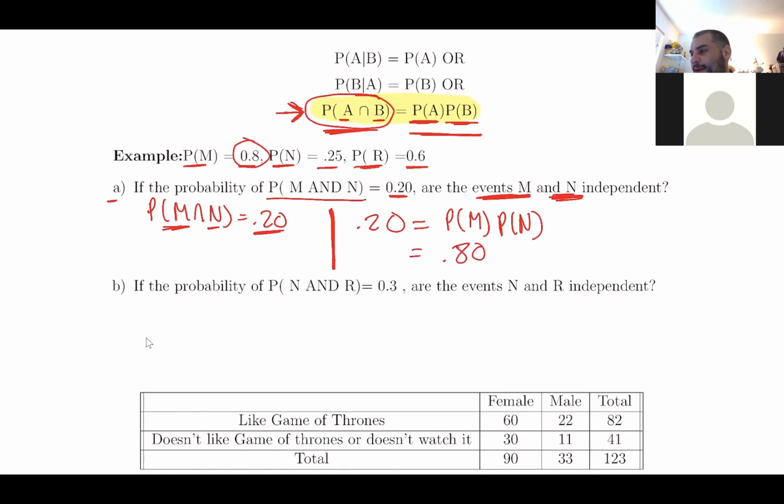The probability of N is 0.25. Any questions so far? I got 0.80 times 0.25.